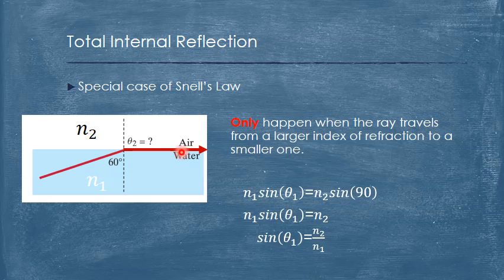I can calculate the angle at which you would get total internal reflection by using this expression, and any angle equal to or larger than this, you will get total internal reflection. That means no electromagnetic radiation will be transmitted past this barrier.